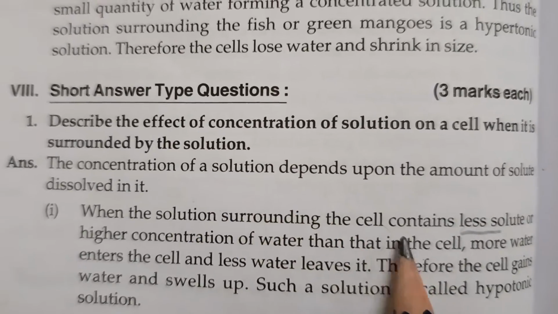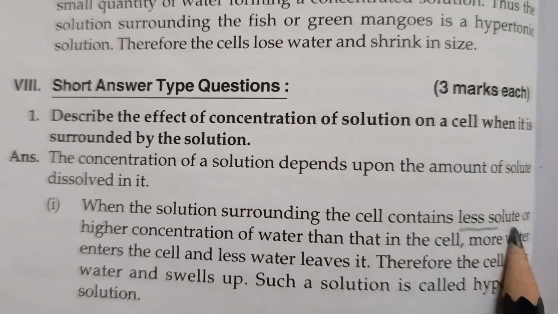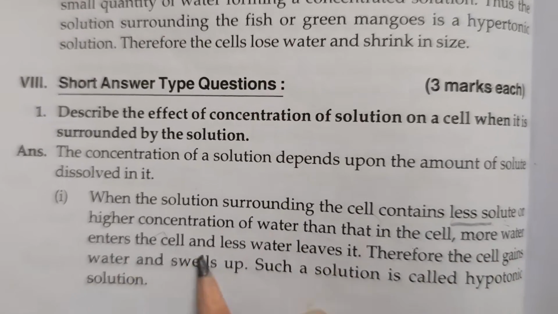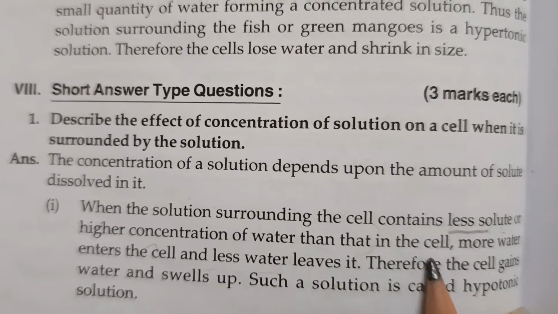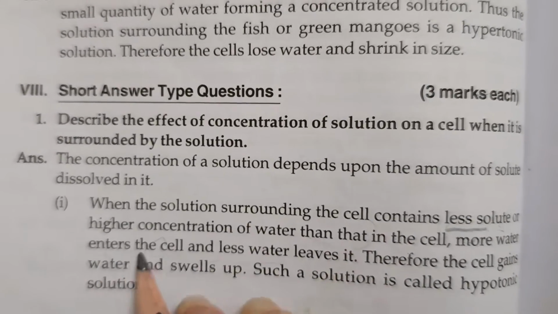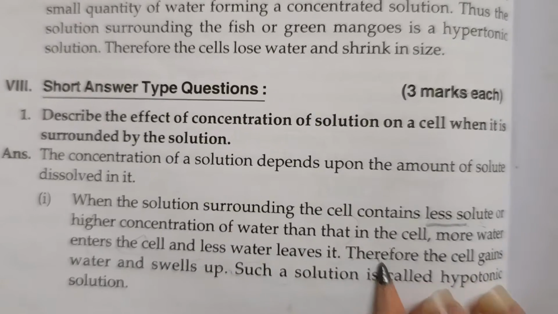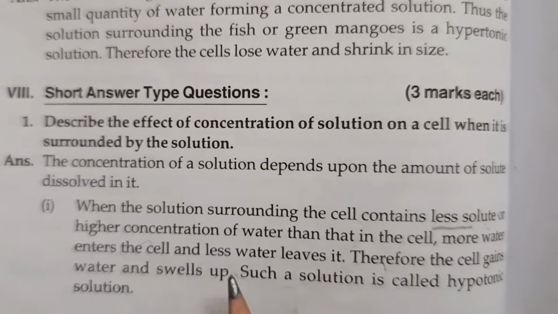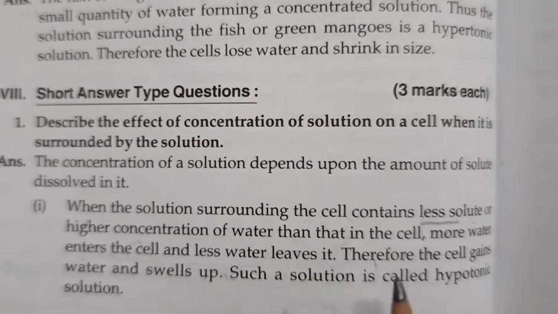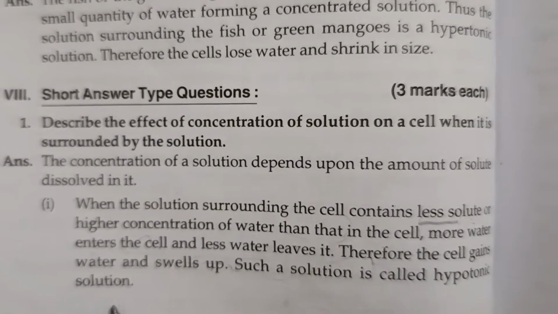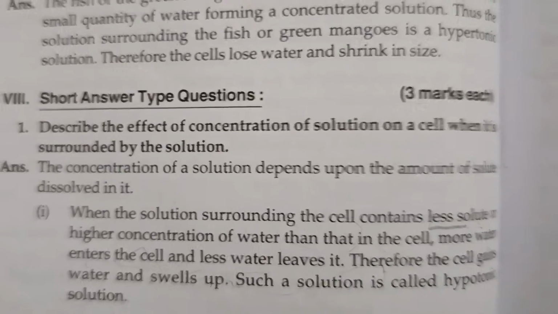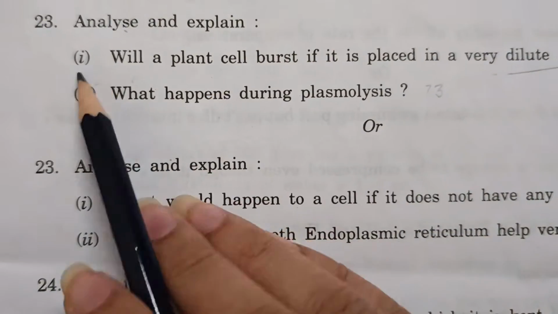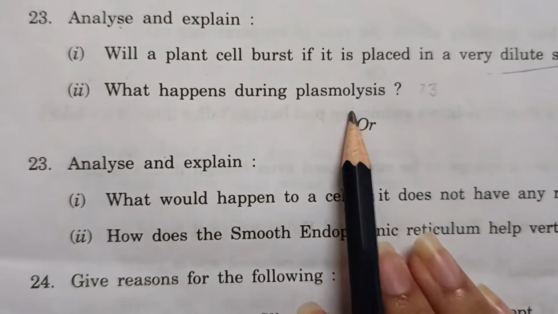The solution surrounding the cell contains less solute, that is the dilute solution around the cell, or higher concentration of water than that in the cell, more water enters the cell and less water leaves it. Therefore, the cell gains water and swells up, but it won't burst. Such a solution is called as hypotonic solution. Thus, the cell won't burst. Second, what happens during plasmolysis?